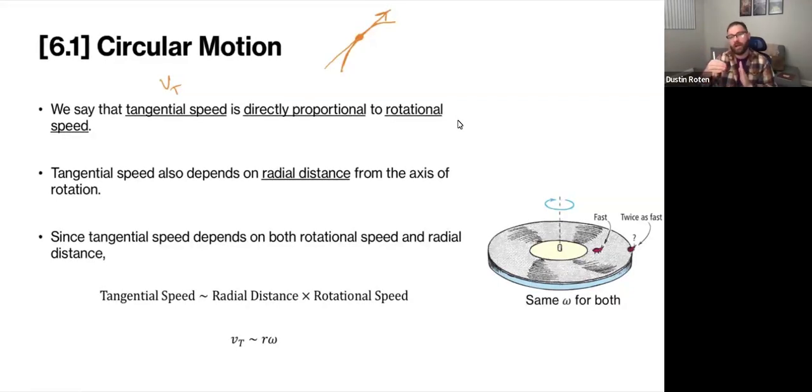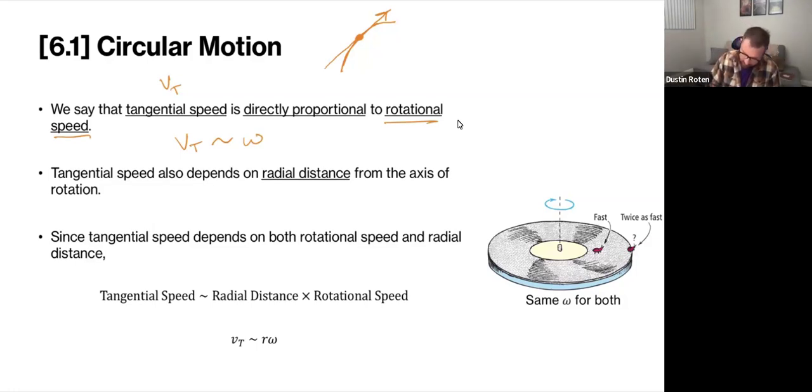Although we're turning, at any one instance it kind of looks like we're pointing off on this tangent path. So the tangential speed here is actually directly proportional to the rotational speed. So that makes sense. How fast we're going around the circle does depend in some way on how fast we're sweeping the angle out.